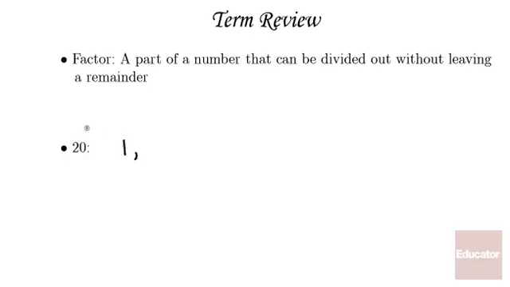We know that 1 can be multiplied to get 20. 2 is a factor of 20. 4, 5, 10, and the number itself, 20. So these are all considered to be factors of 20.